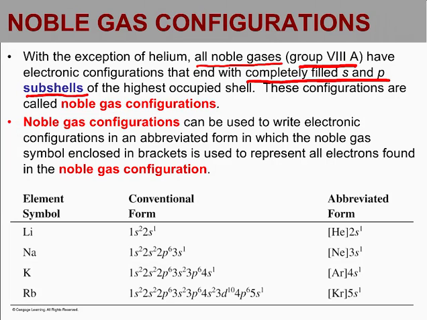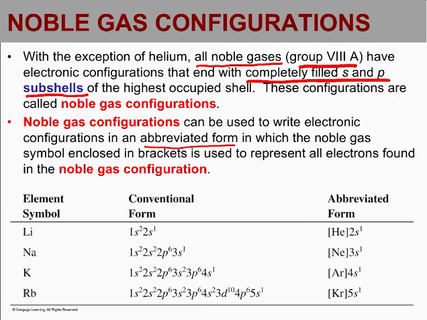And these configurations are called noble gas configurations. So what we can do is write electron configurations in an abbreviated form in which the noble gas symbol is enclosed in brackets and is used to represent all electrons that are found in that configuration. So let's look at some examples down below.